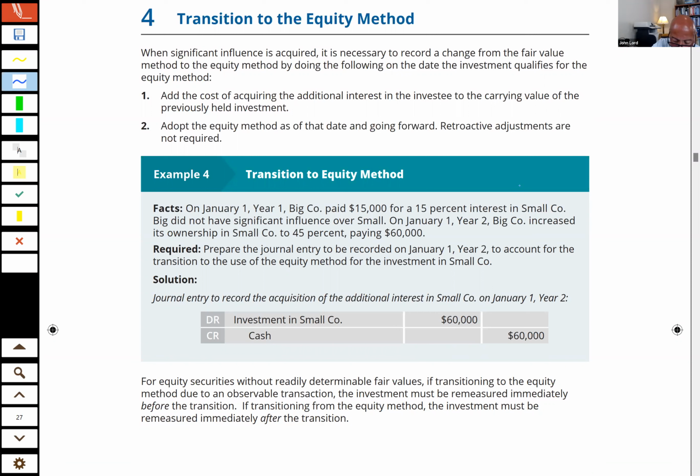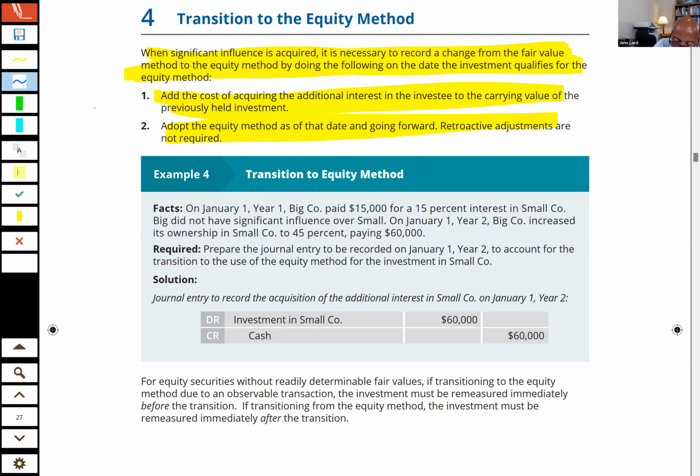Okay, so if that's the case, when significant influence is acquired, it is necessary to record a change from the fair value through net income method to the equity method, add the cost of acquiring the additional shares to the investment account, debit the investment, credit the cash for whatever I paid, adopt the equity method at that date and go forward.